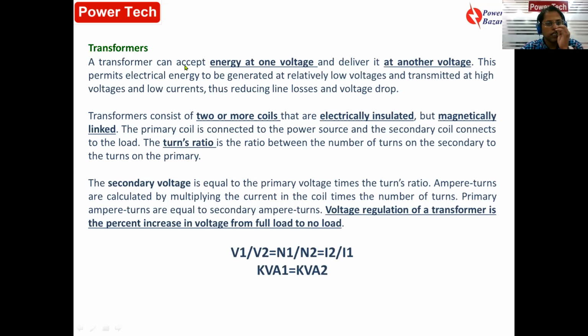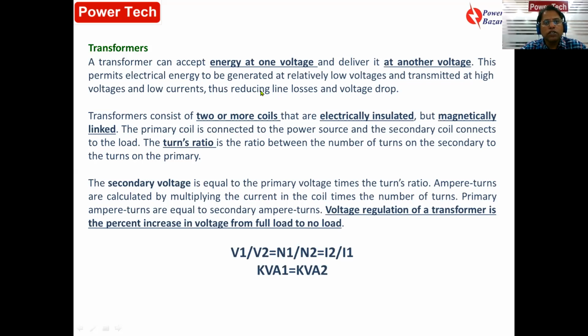It can accept energy at one voltage and deliver it at another voltage. So the voltage changes from one winding to another. Normally a transformer has one core and two or more windings. The initial winding is known as the primary winding, and there will be another, the secondary winding.